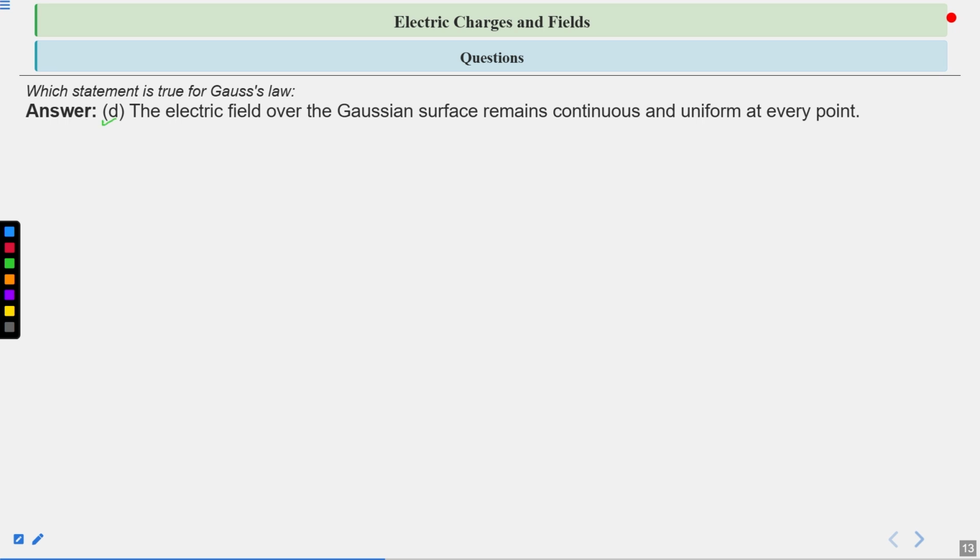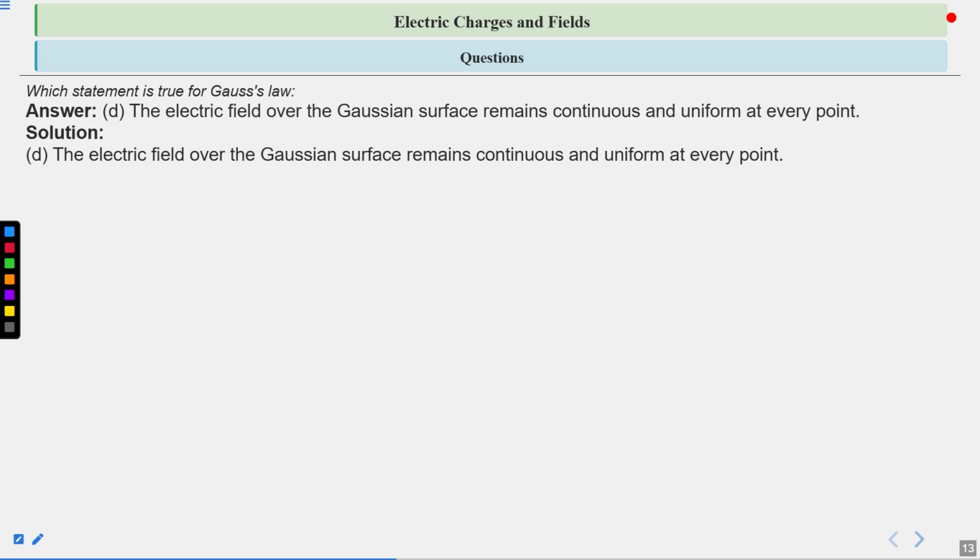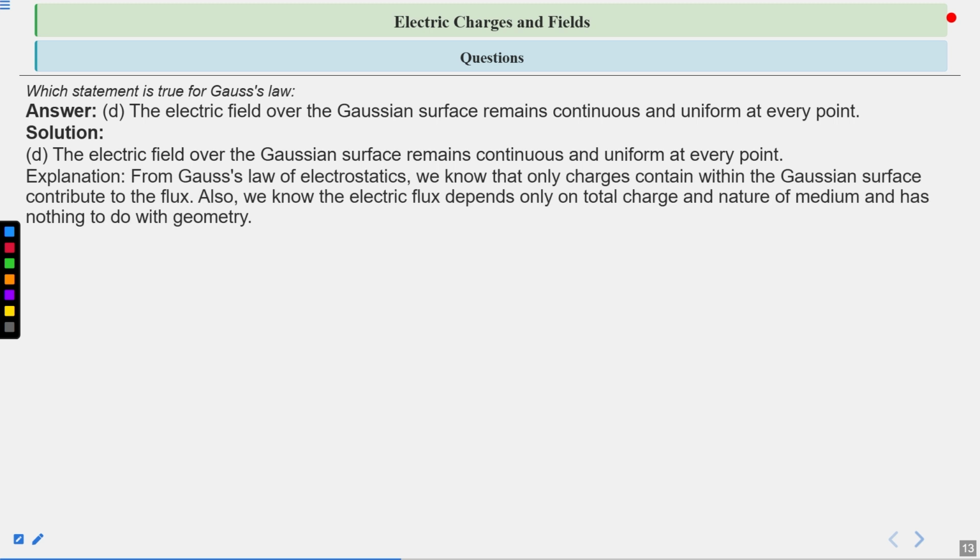So correct answer is D. The electric field over the Gaussian surface remains continuous and uniform at every point. Solution: the electric field over the Gaussian surface remains continuous and uniform at every point. Why?